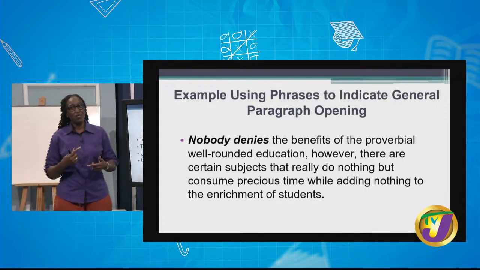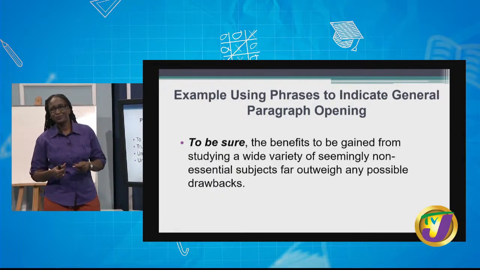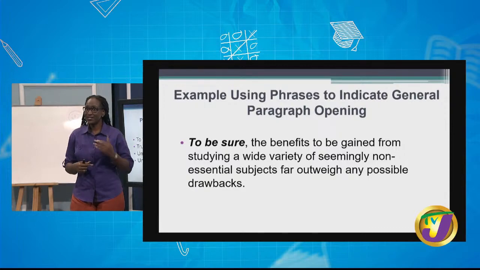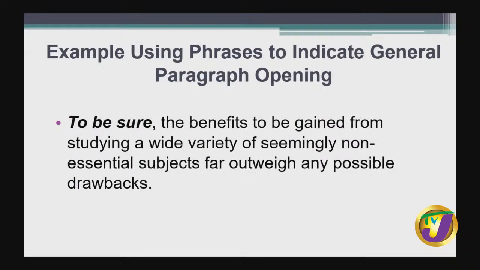So let's look at some other ways that you can also open a general paragraph. So our next example, to be sure, the benefits to be gained from studying a wide variety of seemingly non-essential subjects far outweigh any possible drawbacks. So we have used to be sure to start our sentence.